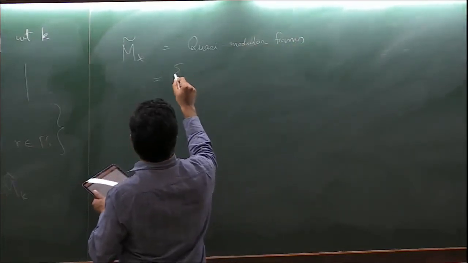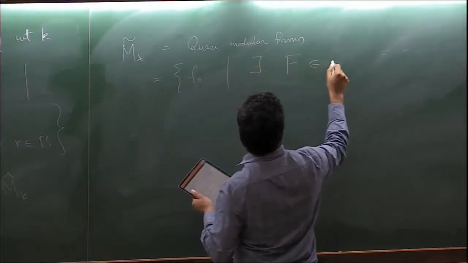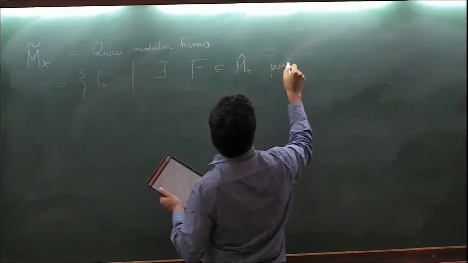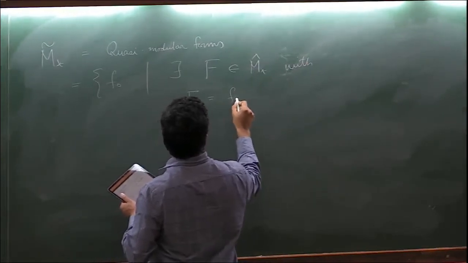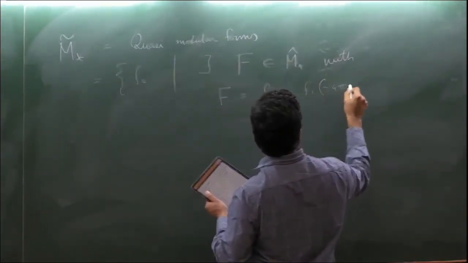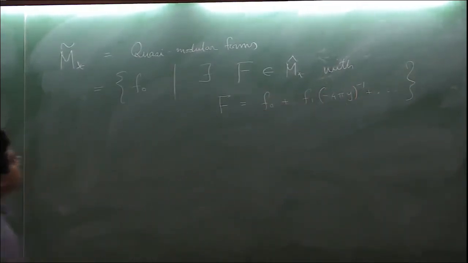is all f_0 such that there exists an F with F equals f_0 plus f_1 (minus 4 pi y) inverse and so on. So it's the constant term of some almost holomorphic modular form.